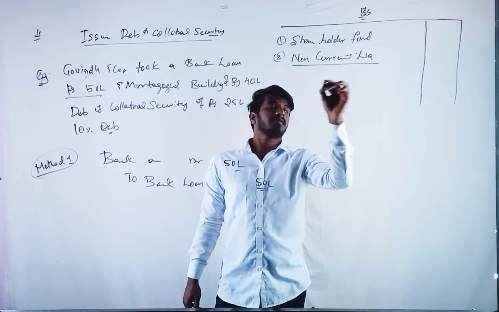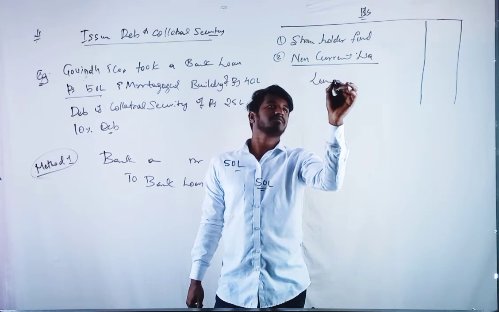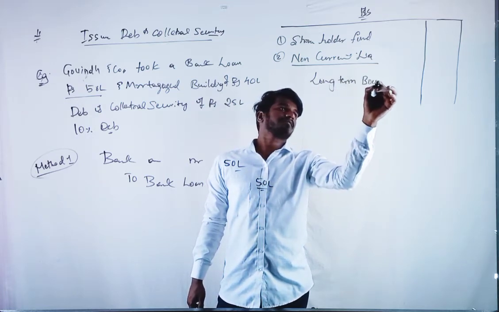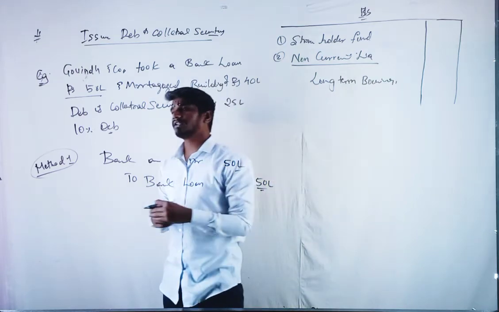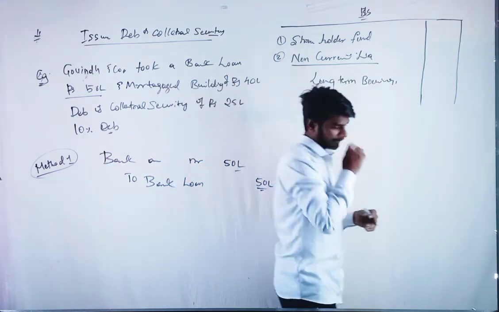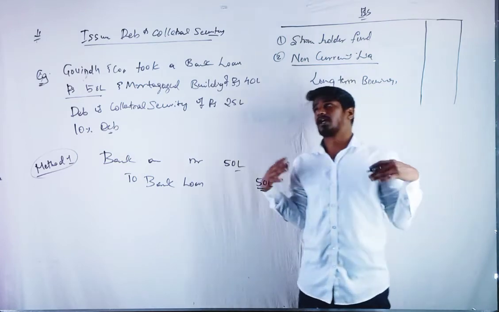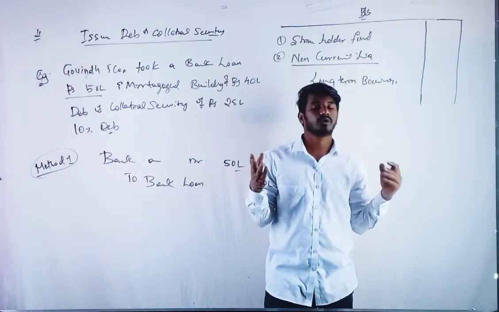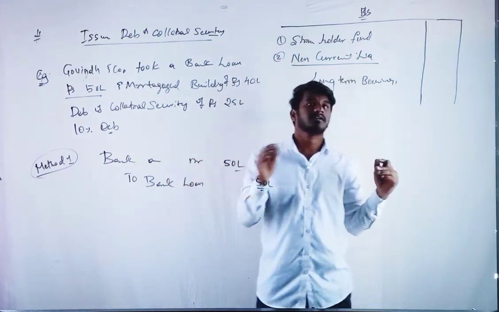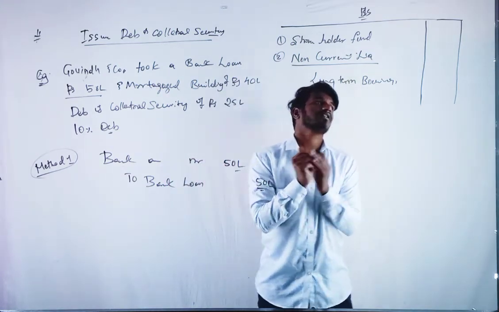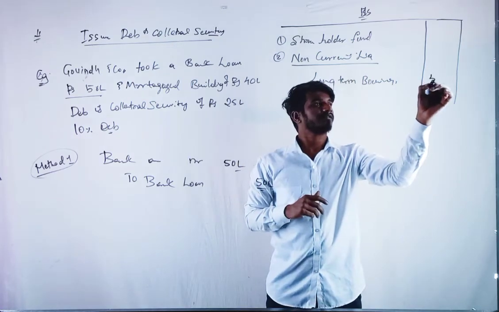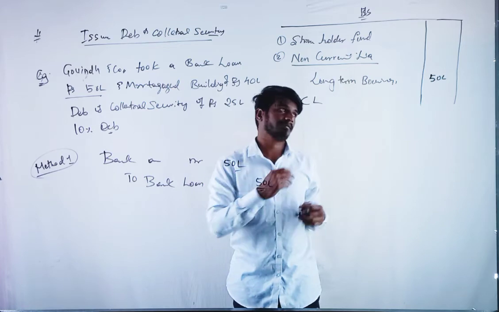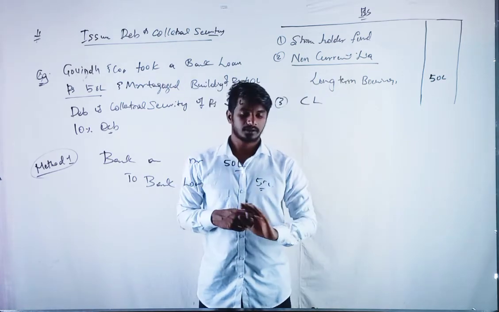Under non-current liability we show it as long term borrowings, because we won't actually pay the bank loan in a year. It won't be in the current year. That's why we take it as long term borrowings, 50 lakh.